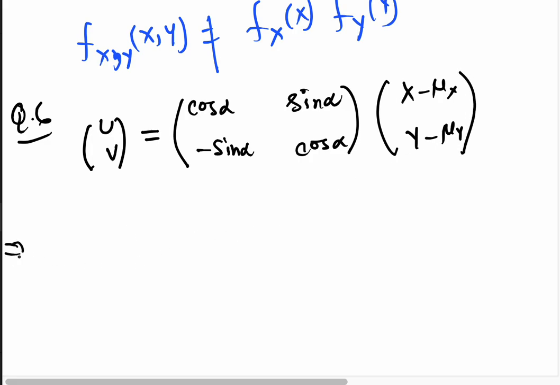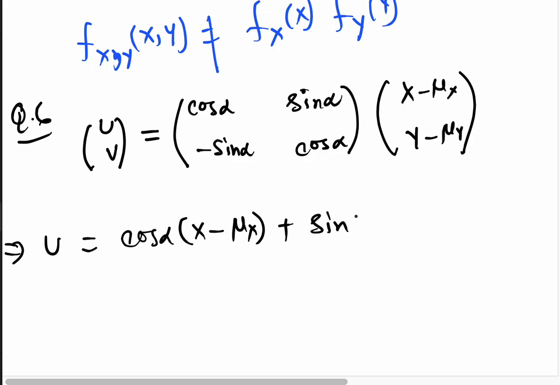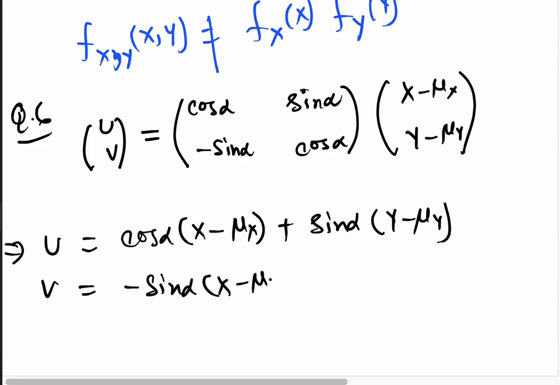So this means u equals cos alpha into (x minus mu x) plus sine alpha into (y minus mu y). And v equals minus sine alpha (x minus mu x) plus cos alpha (y minus mu y).